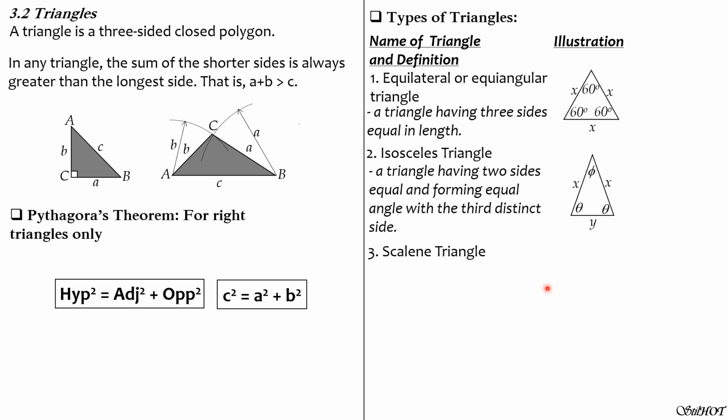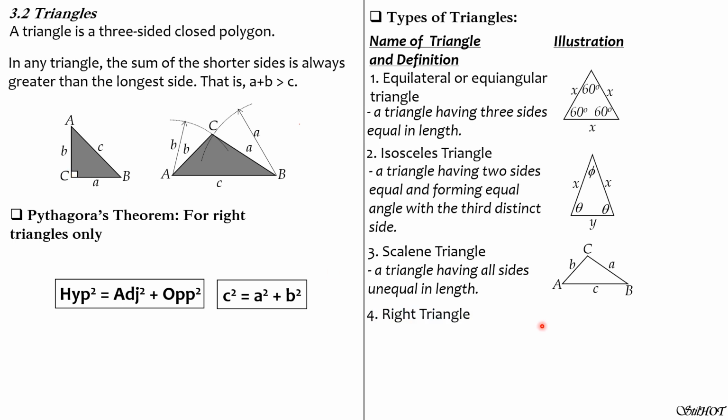Next is the Escalene triangle, a triangle having all sides unequal in length. So that's an Escalene triangle. Then a right triangle is a triangle with one interior angle which is 90 degrees.